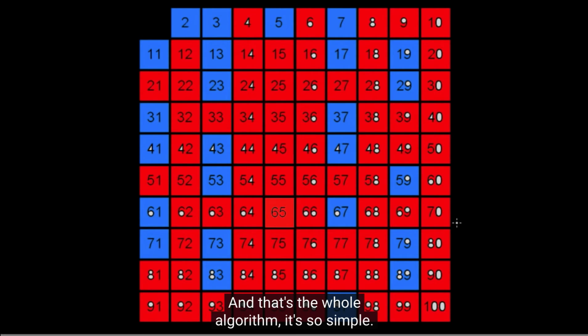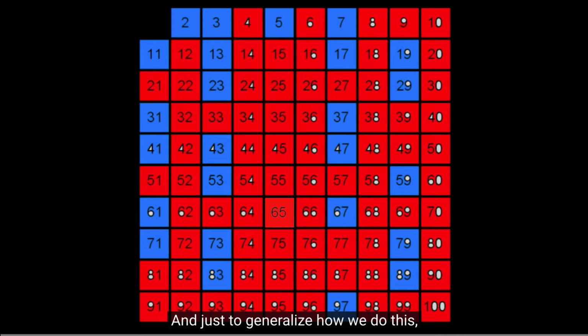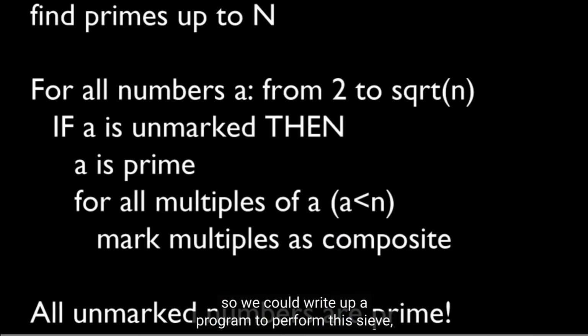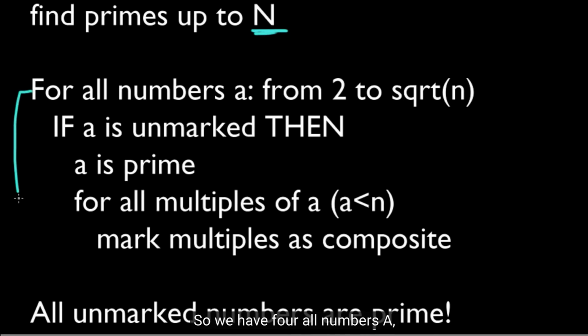It's so simple. And just to generalize how we do this, so we could write up a program to perform this sieve: if we want to find all primes up to some number n, we first create a main loop. So we have for all numbers a from 2 to the square root of n.